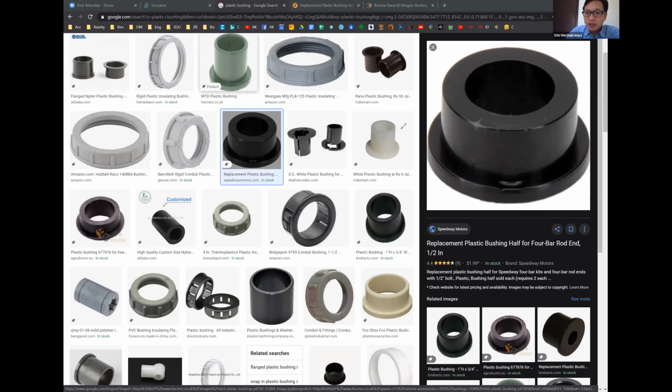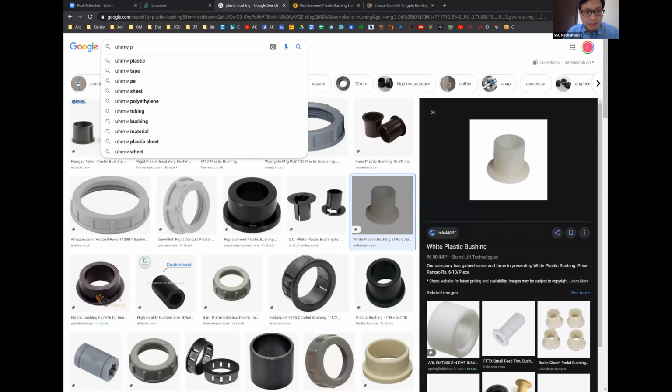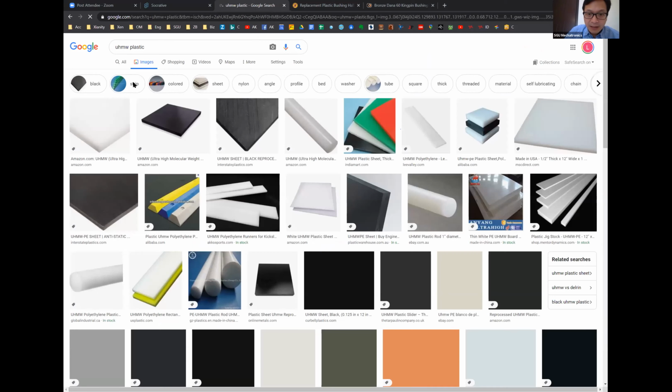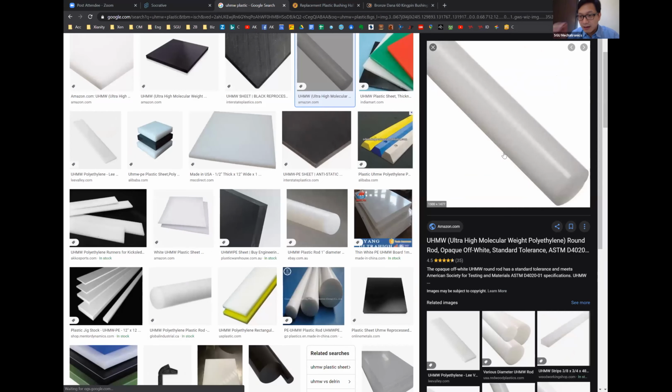That's a plastic bushing. Now, these plastic bushings can be made out of nylon. Ada satu material saya lupa namanya apa ya, polyethylene, UHMW plastic. Okay, this thing are pretty low friction also.